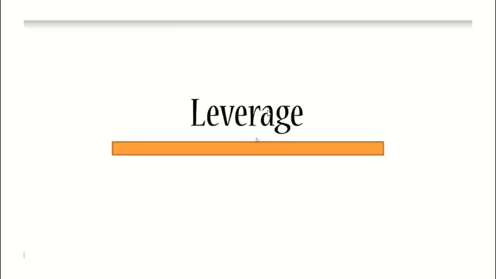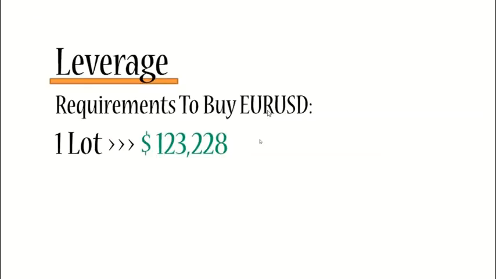Leverage is basically the amount of money that you receive from the broker to supplement your account. As we've discussed in the previous example, one lot will mean that you have to pay 123,228 dollars to be able to buy the Euro USD.